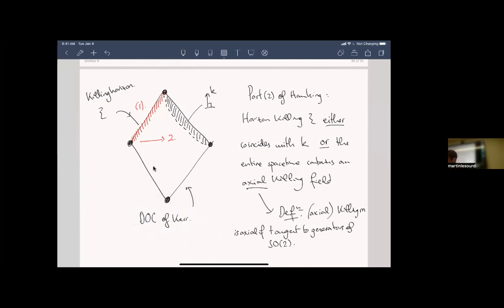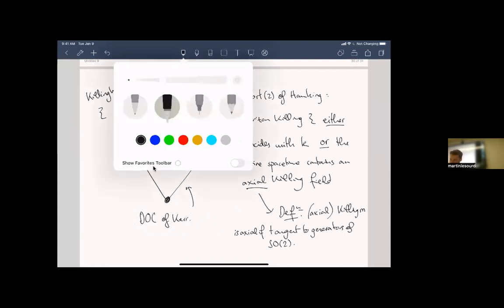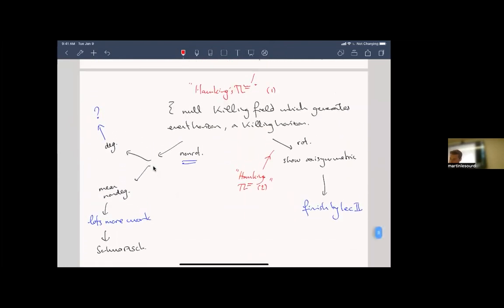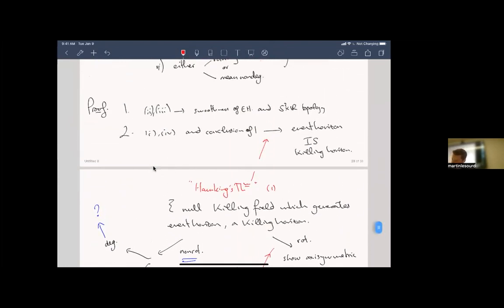So how is analyticity used? It's used in two places. Let's go back to the colors in red. So first of all, it's used here, right? It's used this place, right here. It's used to get that the event horizon is a killing horizon and that you have this null killing field which generates the event horizon.